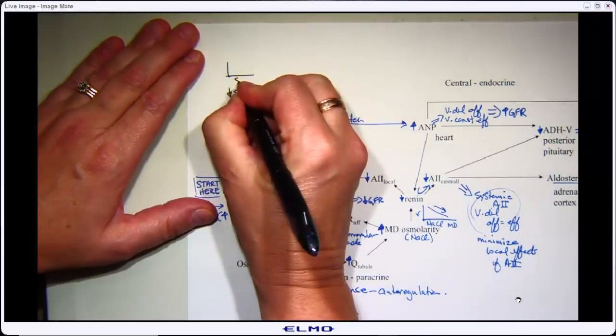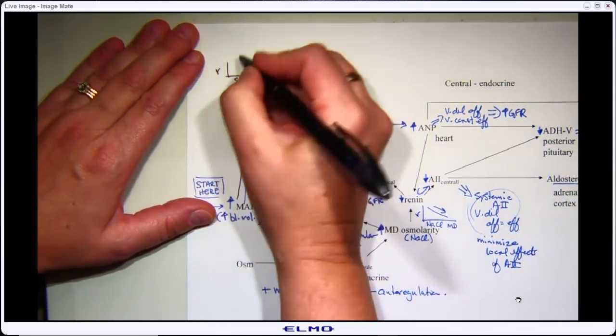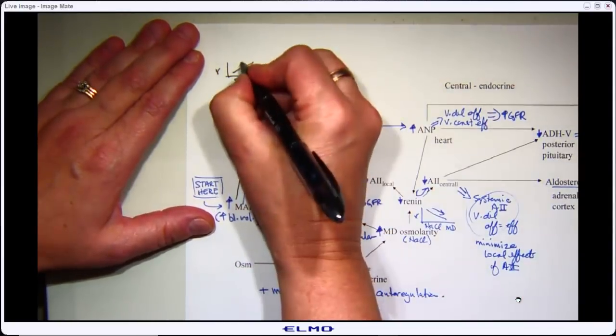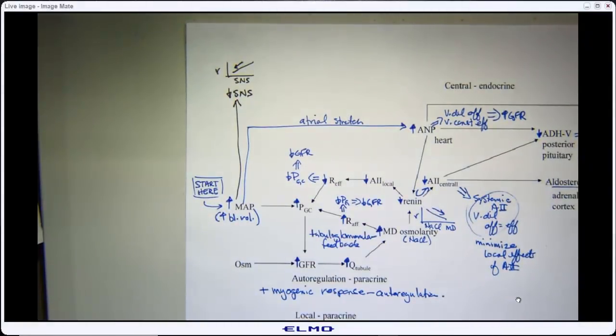And we talked about SNS related to renin. If I were to decrease SNS output, I would decrease the amount of renin released. Okay, and so now it's systemic, the whole body. The brain is now starting to take control a little bit over what the kidney is doing.